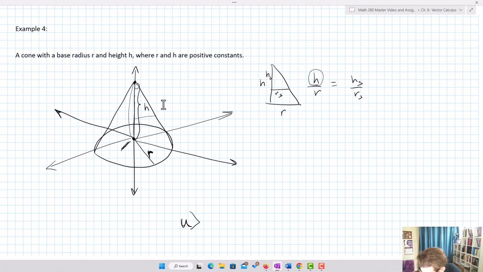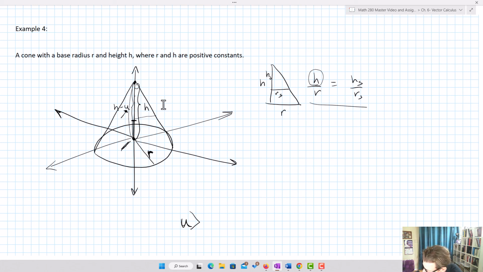So that means this height right here is going to end up being H minus U. As I go up in my Z's, the height is going to get shorter, so we're going to subtract out a piece of size U every time as I move upward in the Z direction.